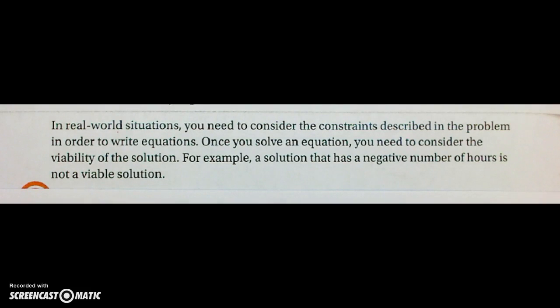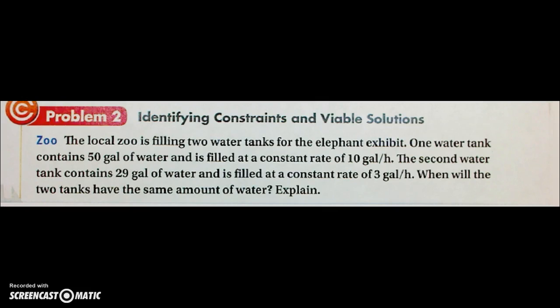For example, a solution that has a negative number of hours is not a viable solution. So it's not enough just to solve the equation. We have to decide if it's a viable solution. Problem number 2, identify constraints and viable solutions.